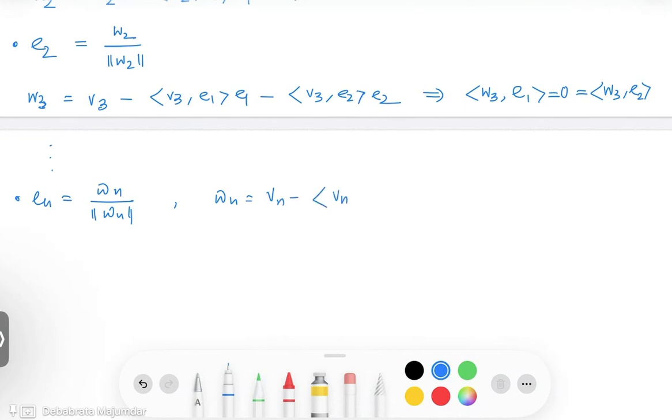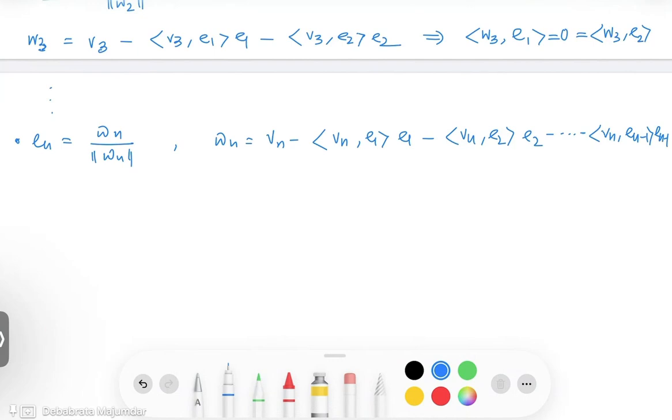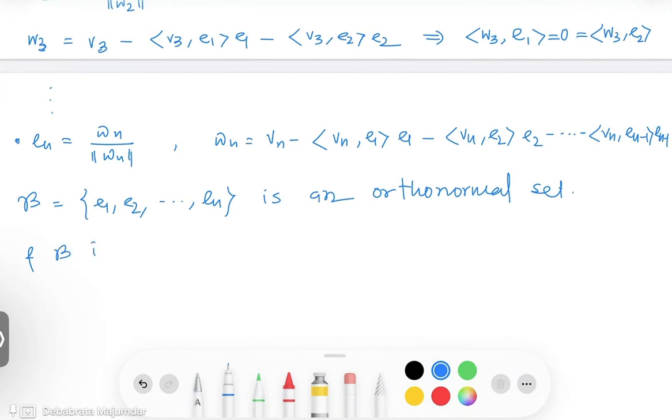Vn minus the projections on E1 and so on. Fine. So this beta is an orthonormal set, and beta is an orthonormal basis. Fine.